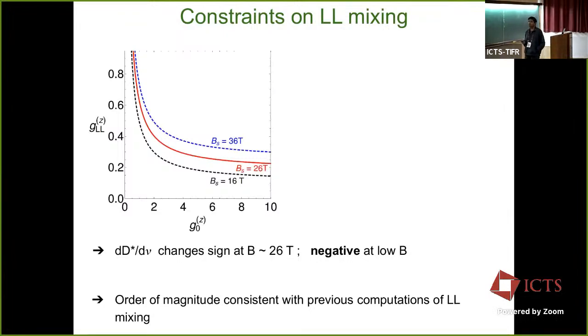So if you try to fit, let's say, just a change of sign of slope at 26 Tesla, then you can do this for any bare value of G_Z. There is always some value of G_LL of Z within 0 to 1 with which you can get this change of sign. This 10% change due to Landau level mixing is actually consistent with some previous calculations.